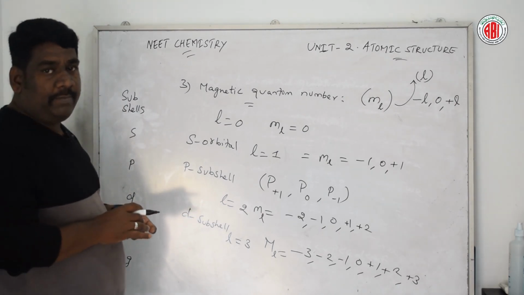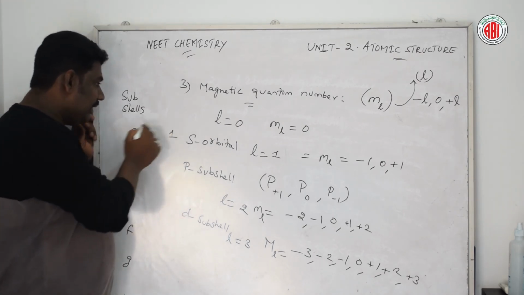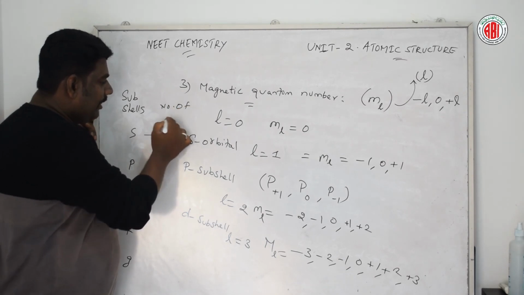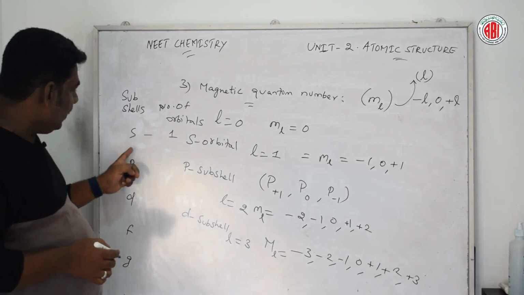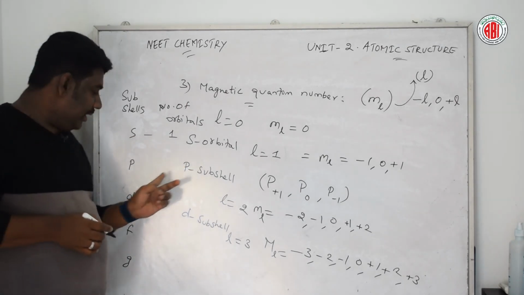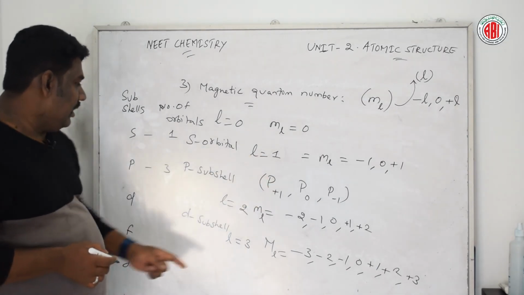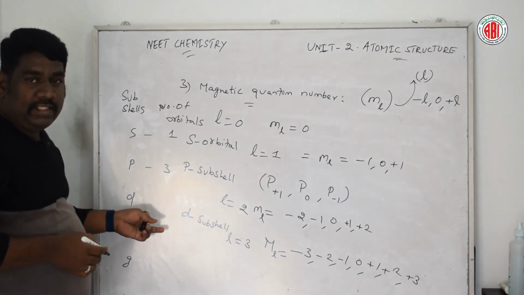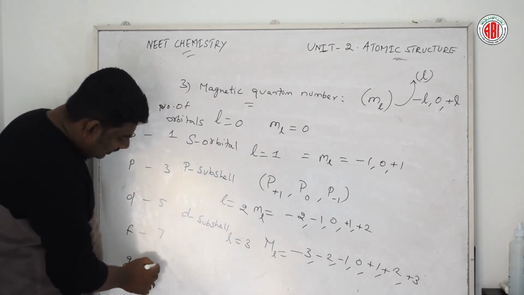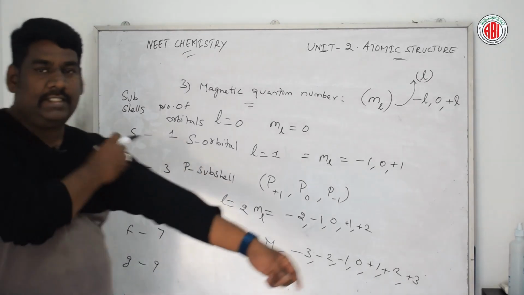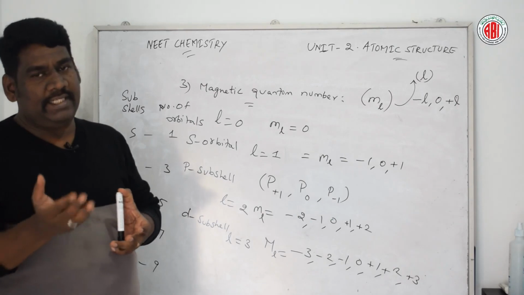Talking about the number of orbitals present in each subcell: in subcell s it is 1, and p is equal to 3. And d is 5, f stands for 7 and g stands for 9. Based on that we can write the subcells and the number of orbitals present in each subcell.